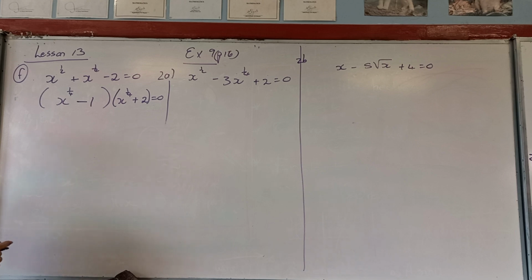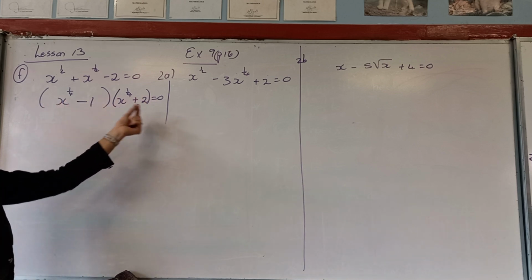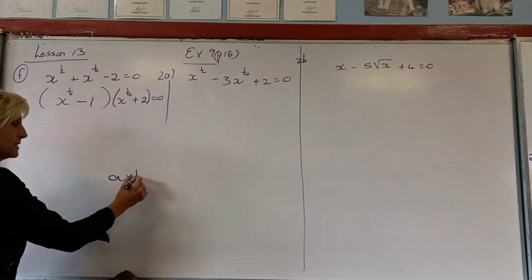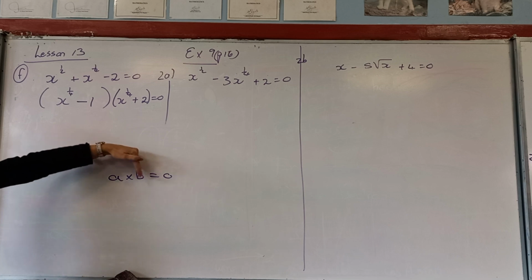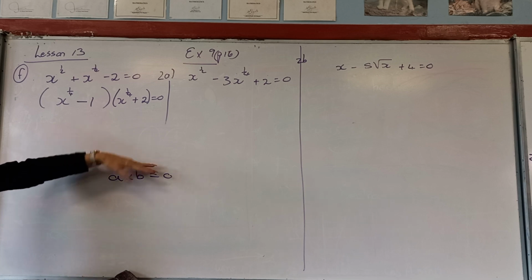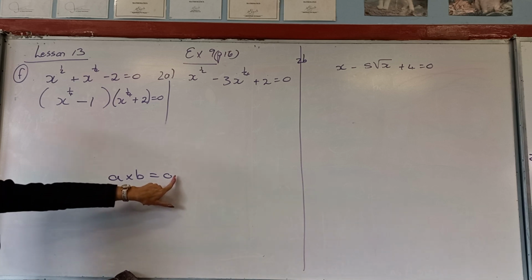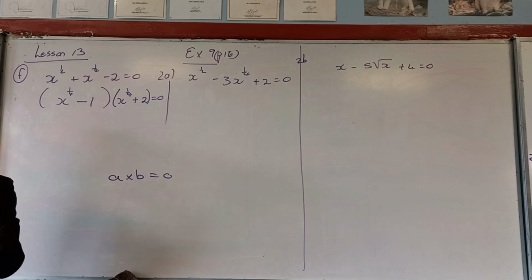So now we've got to solve the equation, because remember, when two things are timed and the answer is 0, one of those two things should be 0. The principle is, that's the reason why we always get it equal to 0, and factorize, meaning they've got to be multiplied. The main thing behind this from grade 9 and 10 is when you've got 0 and it's a product of two things. The only way that two things can be timed and give me an answer of 0 is if one of them was 0.